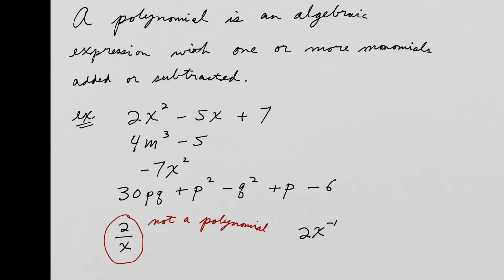And we said that in order for it to be a monomial, the exponent cannot be negative, right? It has to be non-negative. So that would not be a polynomial. So you just have to make sure you either have a constant or you have a variable to a positive exponent. And then it would be fine. But anytime you have a negative exponent, it's not a polynomial.